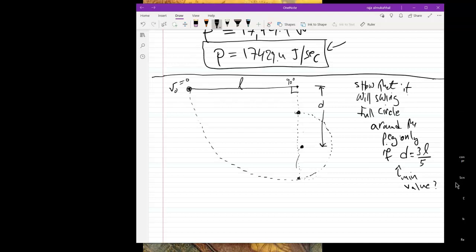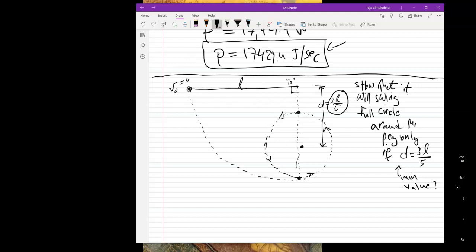At a certain distance d, it's going to swing full circle. So it's going to go here, and then there, full circle. We want to show that the minimum distance d must be this number.